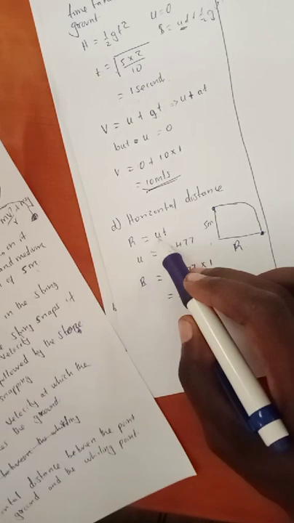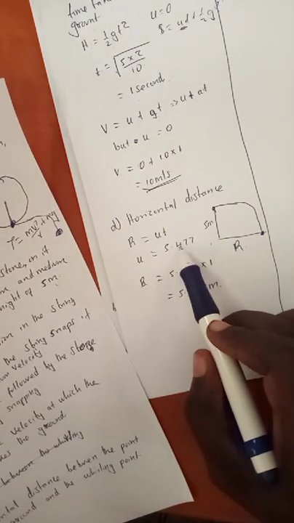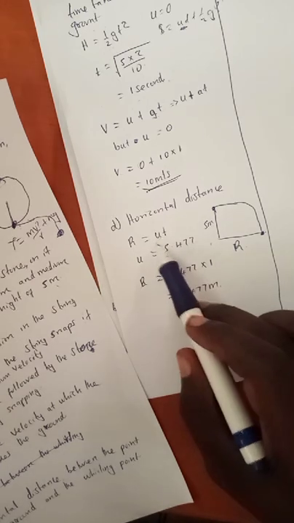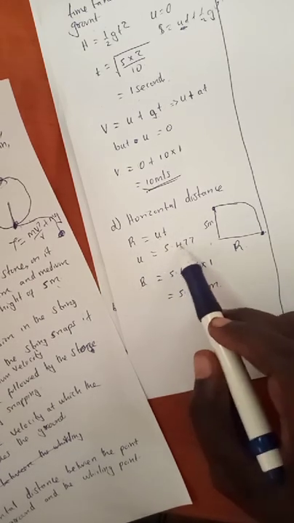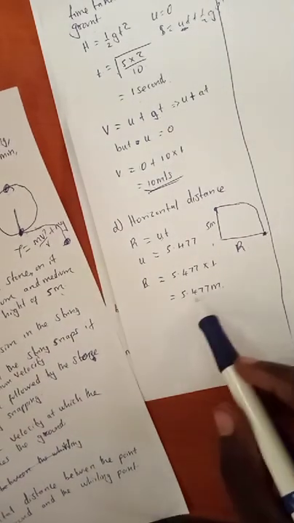This initial velocity is the velocity that it broke with, which we found to be 5.477. So it is 5.477 times time, which is 1 second, to get 5.477 meters.